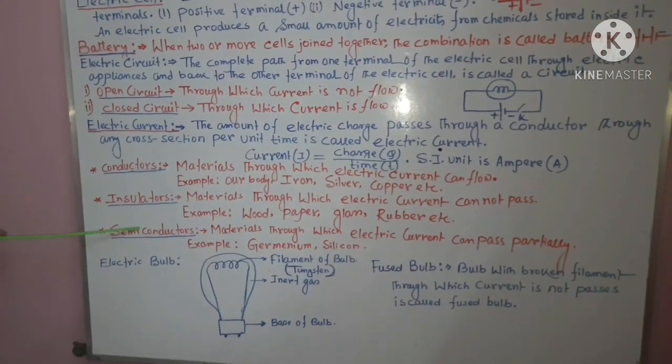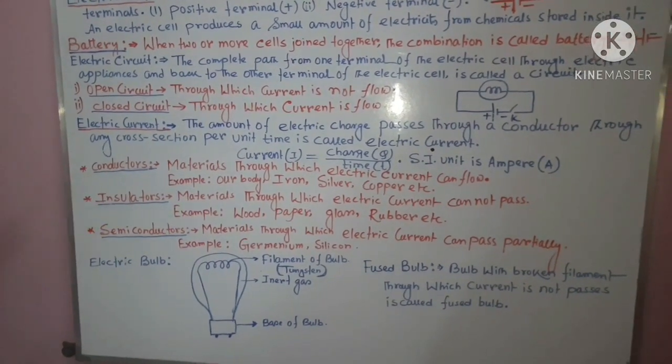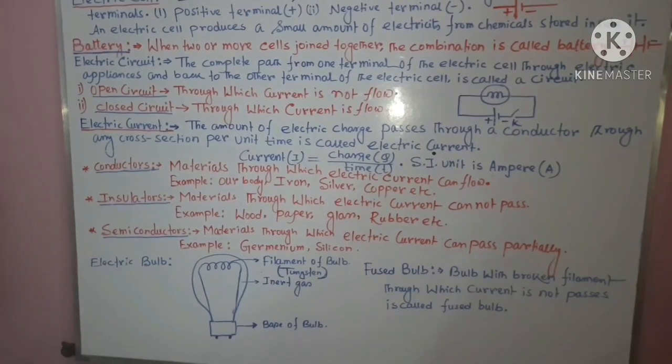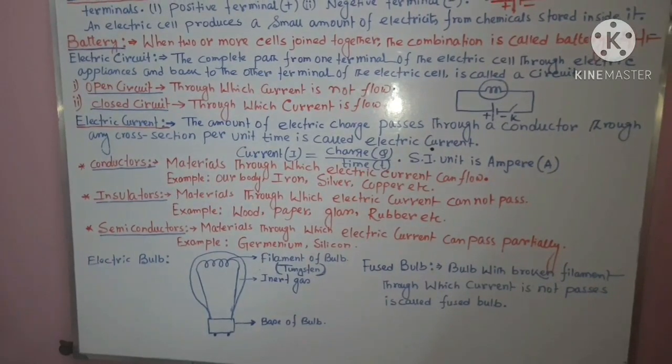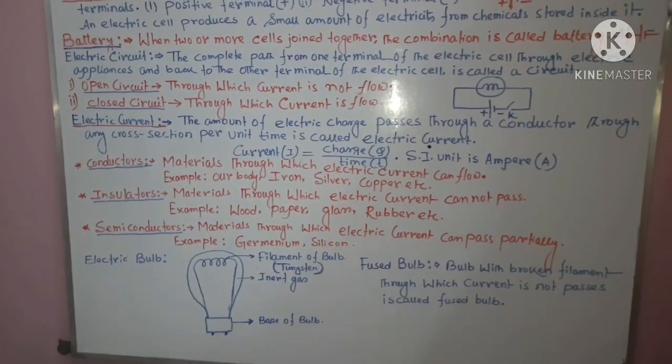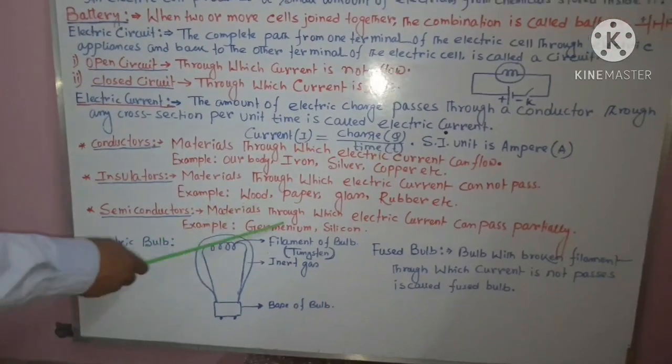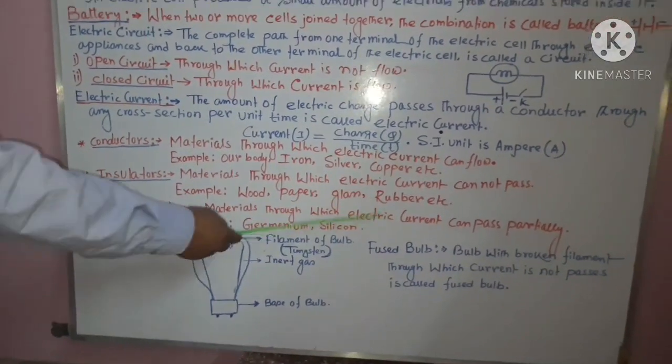And lastly, semiconductors. The materials through which the current can pass partially are known as semiconductors. Example, germanium and silicon are the semiconductors.